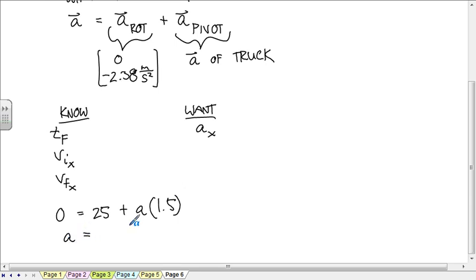So a is equal to negative 16.67 meters per second squared. That's the x component.